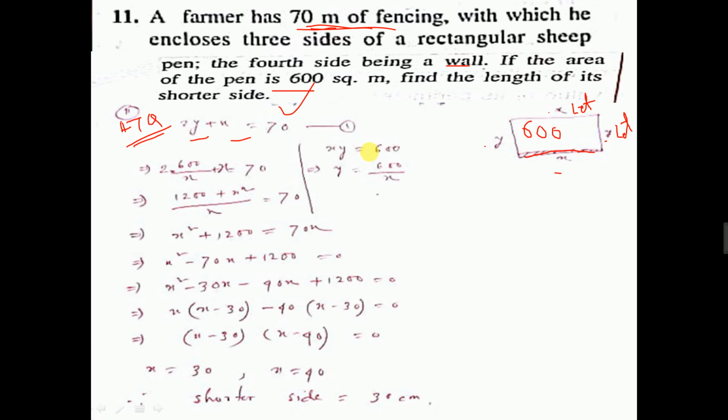And the area is given as 600, so area is length into breadth, length is x and breadth is y, so length into breadth equals 600. So from here you find the value of y.